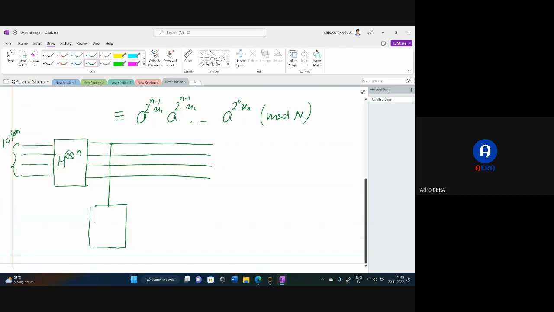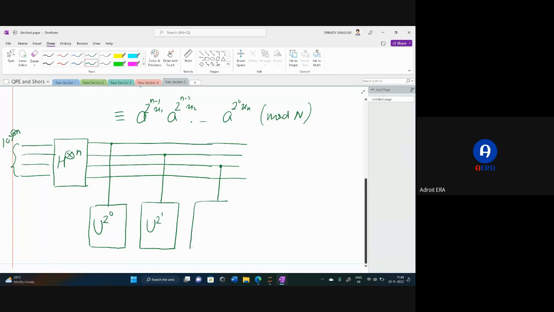U^(2^0). We saw that, right? The QPE circuit. Basically the QPE circuit. The second one is U^(2^1), and then let us extend this a little bit more, and this is the third one.